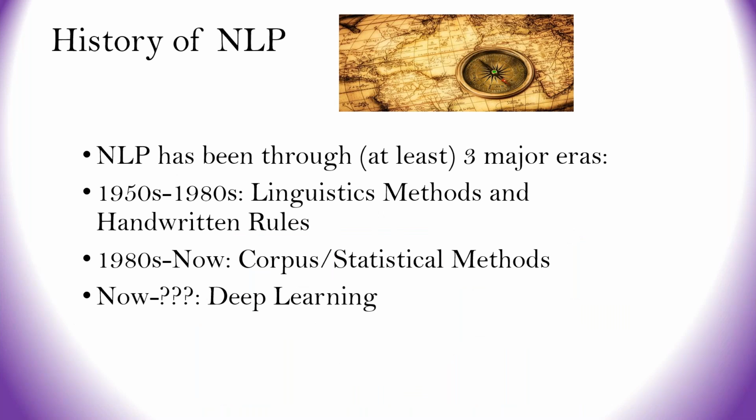The history of NLP is not at all new to human beings. It spans three eras. In the 1950s to 80s, people started developing linguistic methods and handwritten rules. Natural language, as I mentioned, is English, which is universally accepted all over the world.